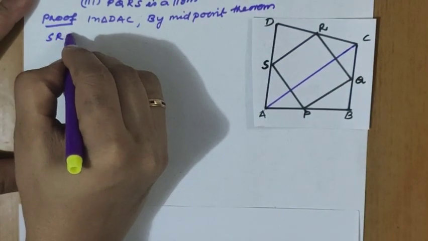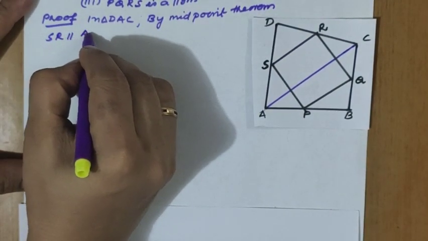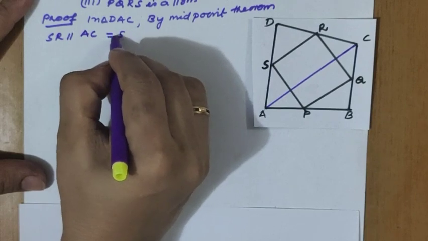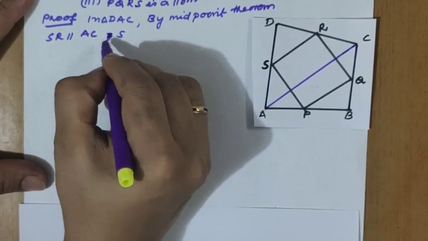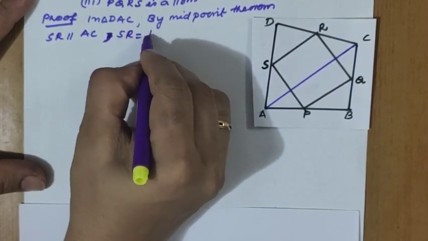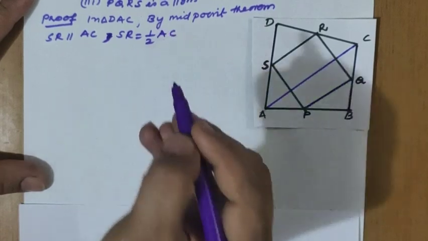SR parallel to AC, SR equal to half AC. Proved, first part.